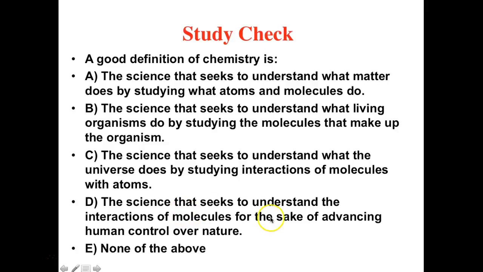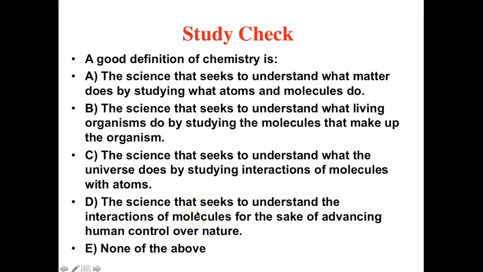The science that seeks to understand the interactions of molecules for the sake of advancing human control over nature. Chemistry is not just confined to only looking at advancing human control over nature, all right? Most times when scientists study something, it's out of curiosity.